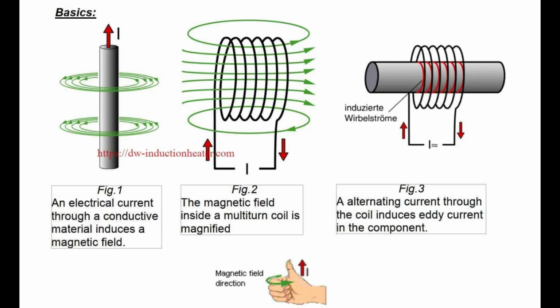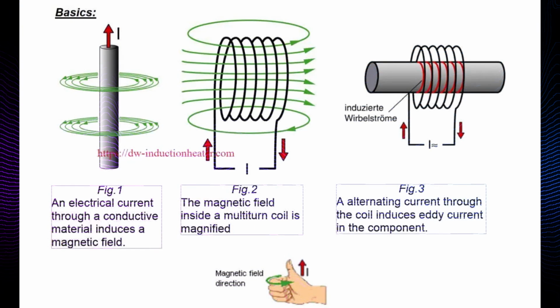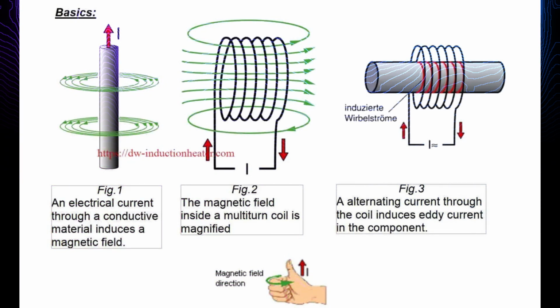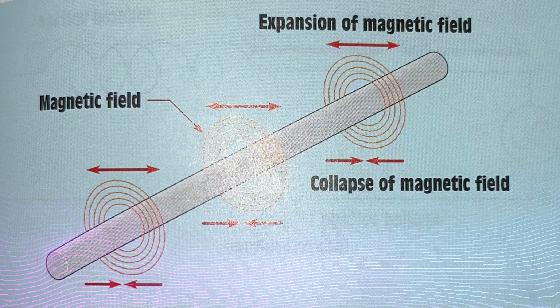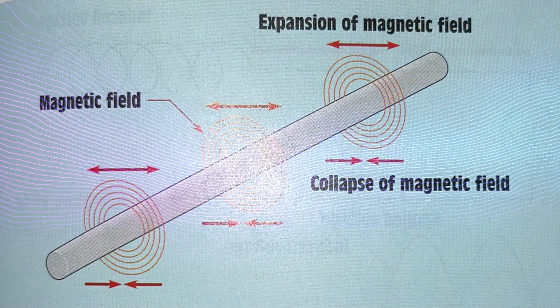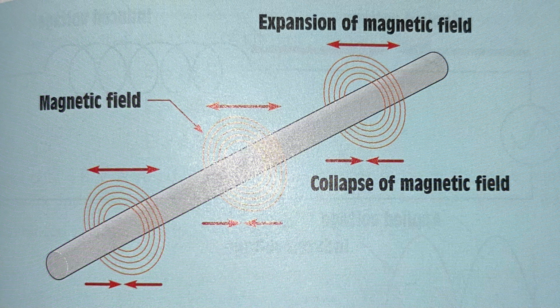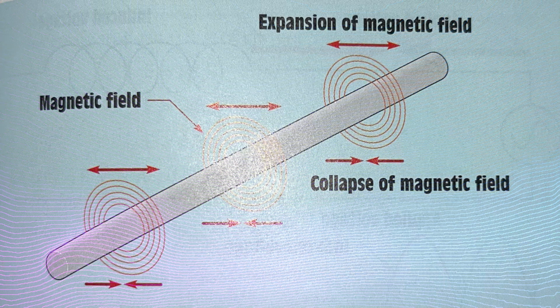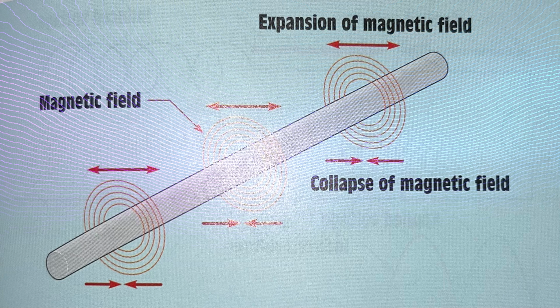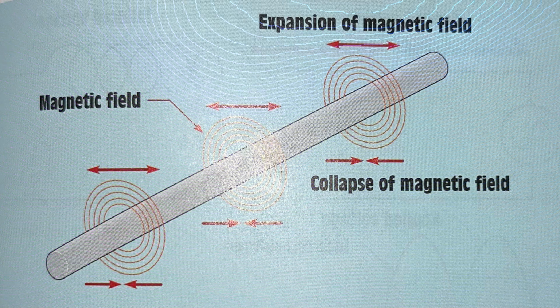So, 1 over LT total equals 1 over L1 plus 1 over L2 plus 1 over L3. Therefore, LT total equals 1 over (1 over L1 plus 1 over L2 plus 1 over L3).